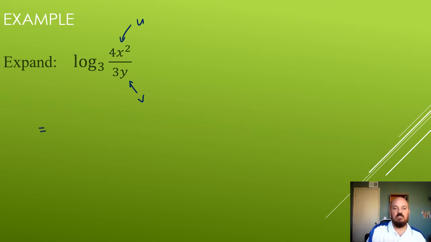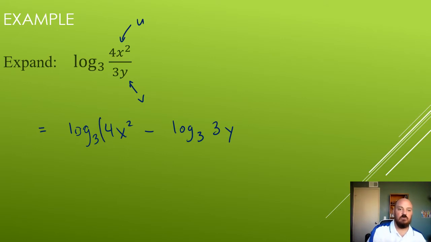Whenever you do any of this, the base never changes. So as I start expanding this, every single log will be base 3. I'm going to use my u over v property and make it the log base 3 of the top, 4x squared, minus the log base 3 of the bottom, which is 3y. And let me put these in parentheses just to make sure it's clear what we're doing.